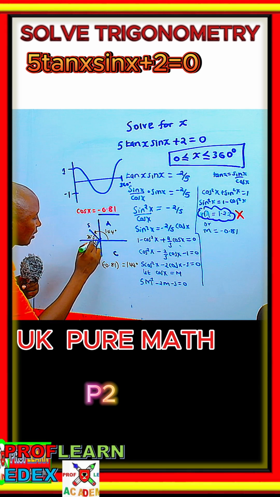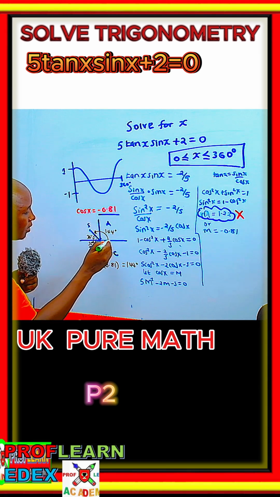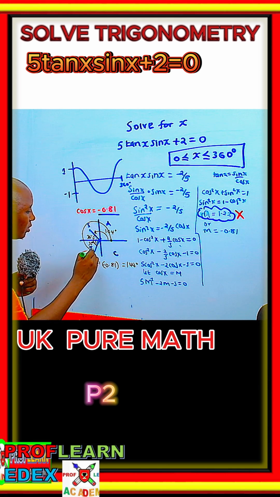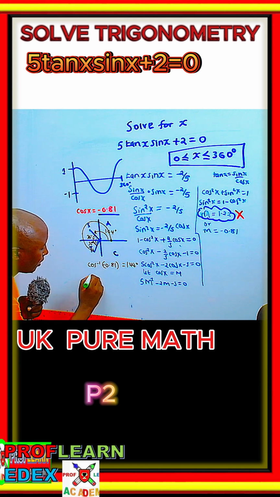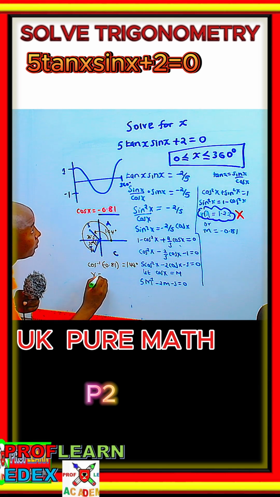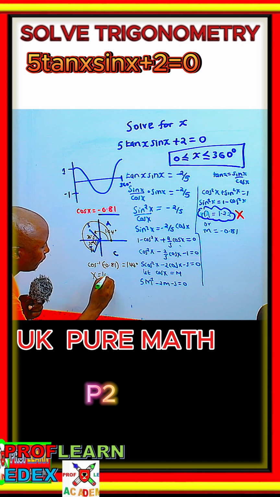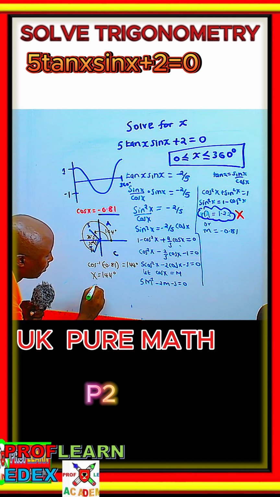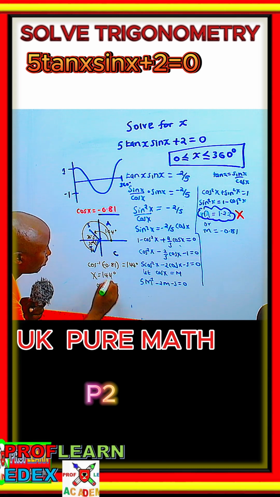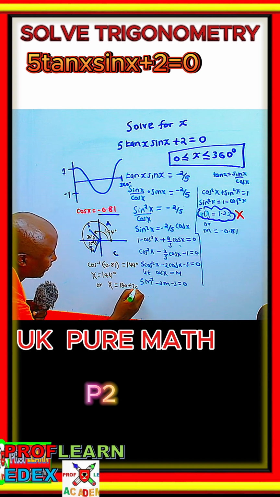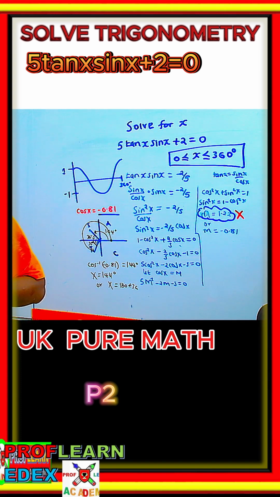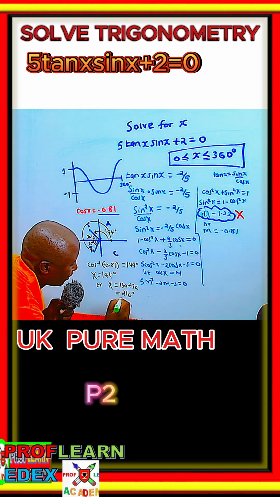So the second angle is an angle running from this point all the way to this point here. So our x is going to be 144 degrees, or x is equal to, now this second angle is 180 plus 36, which is 216 degrees.